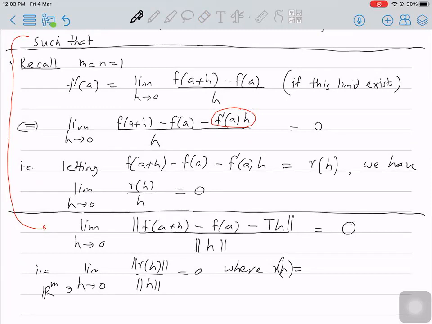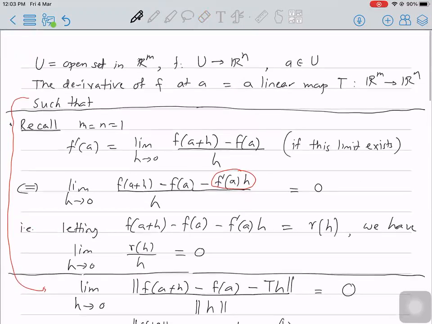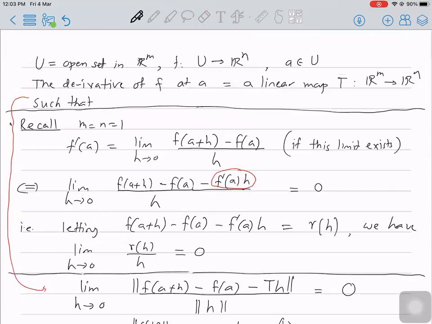This is in R^m because I'm evaluating the function f at A plus H, and H is a small vector. I can take H to be any small vector of a certain bounded size, because I have taken U to be an open set. So given any point A in that open set, I will have a small ball of a certain radius around A, which is contained in U.